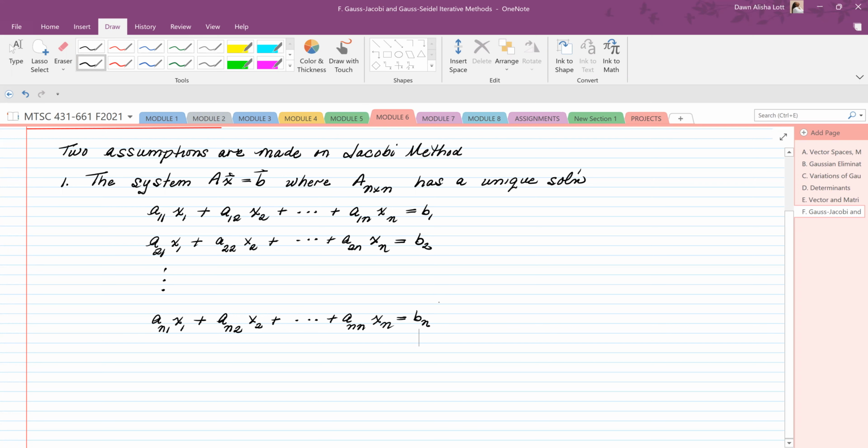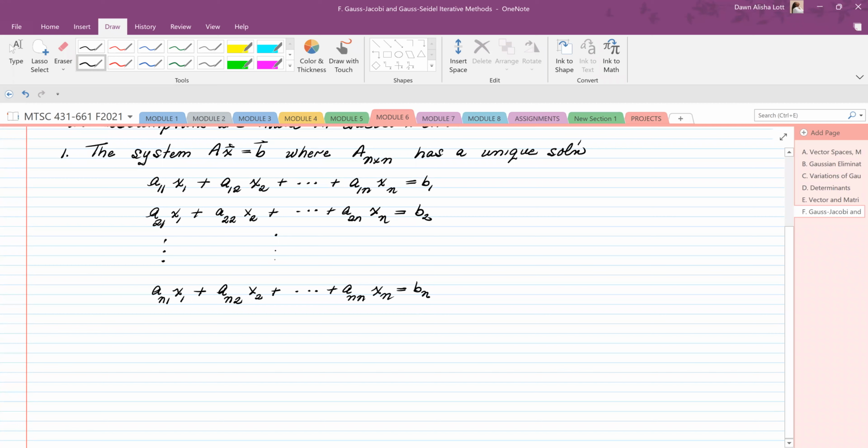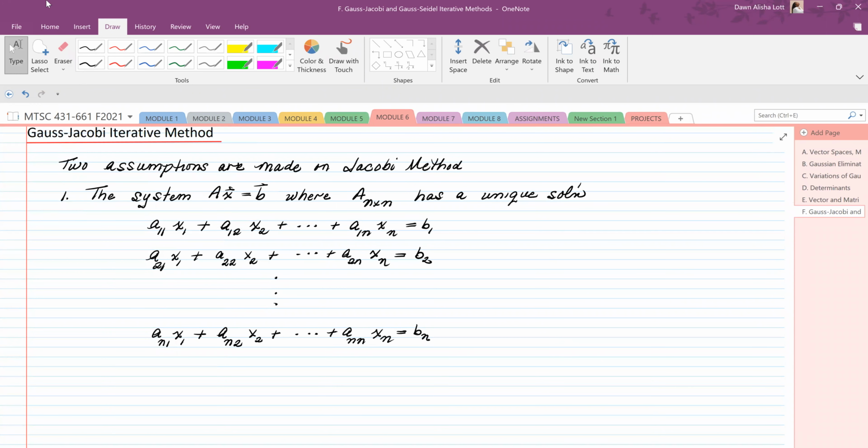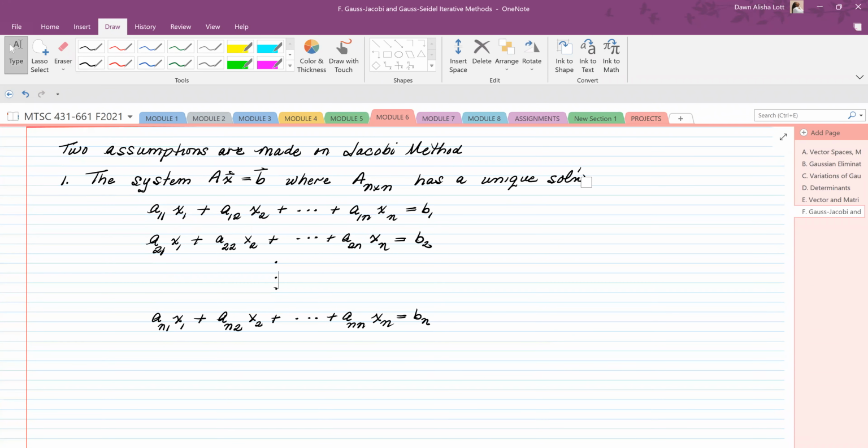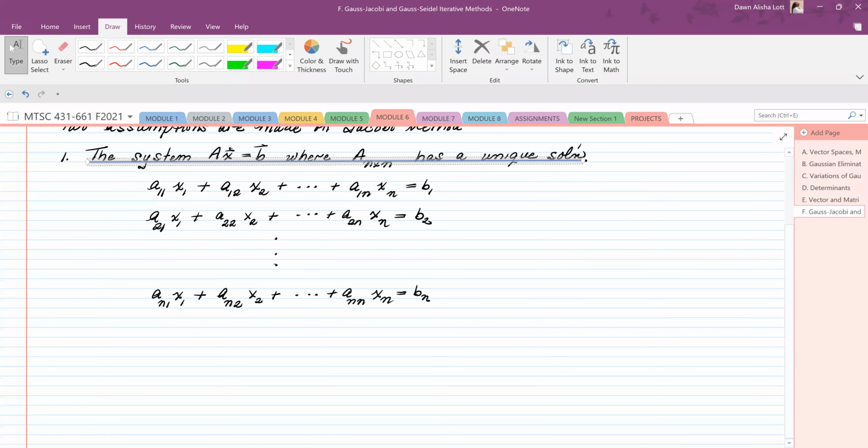So this is what we have, okay? And the assumption is that the system has a unique solution. So that's a big deal, a major assumption. In other words, no point in solving the problem if I don't know it has a unique solution. It won't work for something that does not have a solution or something that has infinitely many solutions.